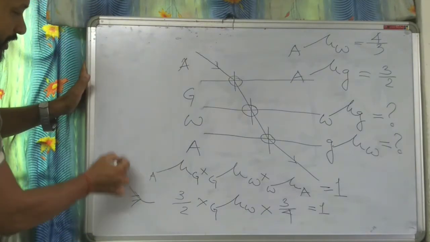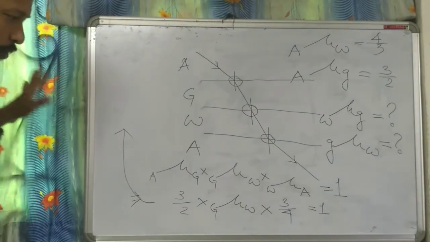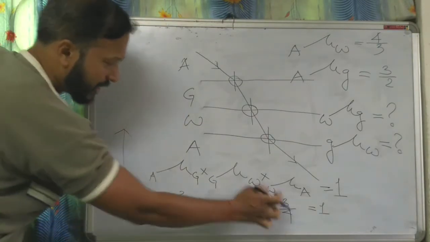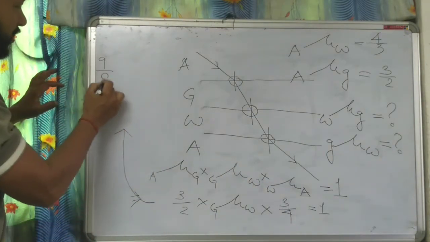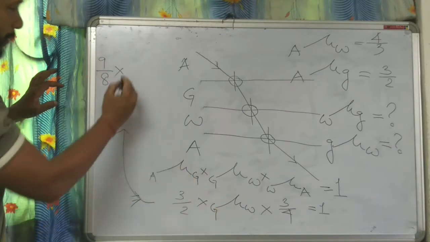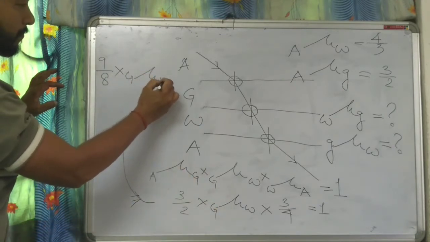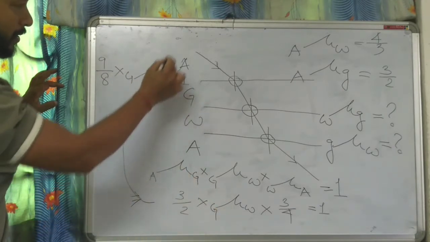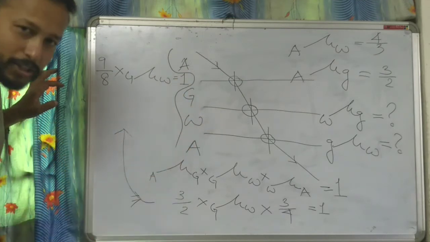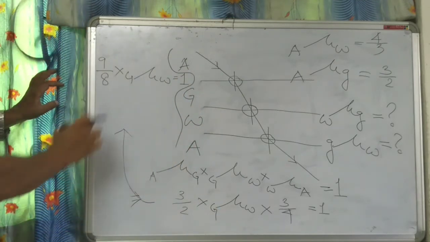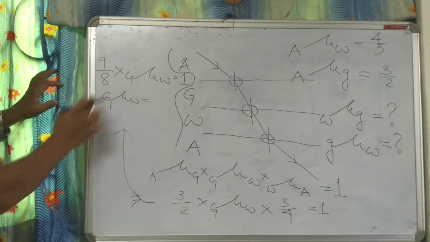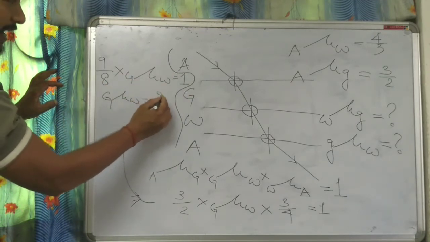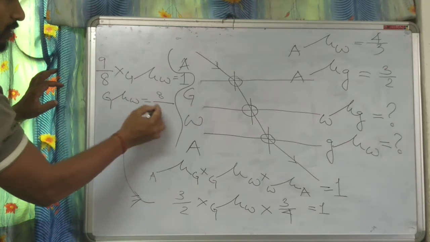So we'll calculate it here. Now, 3 is the 9. 9 by 2 4 is the 8 into G. Understood this equation? So G mu W equal to this 8 into 1, 8, 9 down.